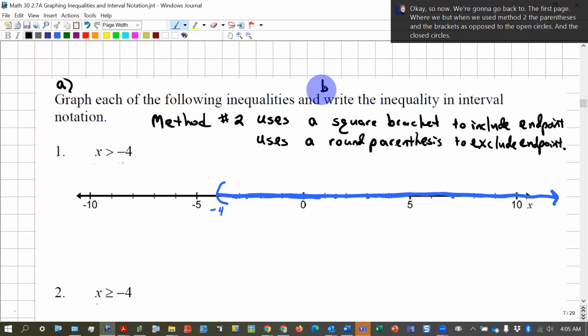And now we're going to use the interval notation to describe each of these pictures on the first page.